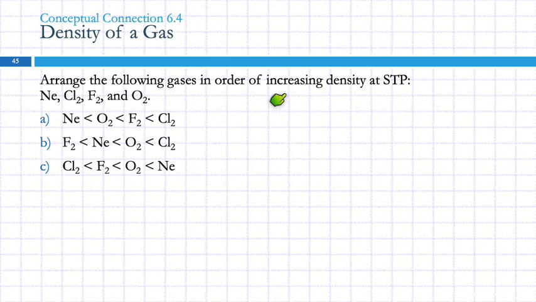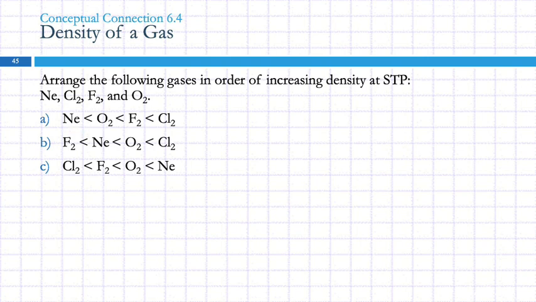This is a common type of exam question where we ask you to put something in order, and some students get them mixed up. So in order of increasing means that I'm going to start with the little one and increase as I go down the list and get to the big one.